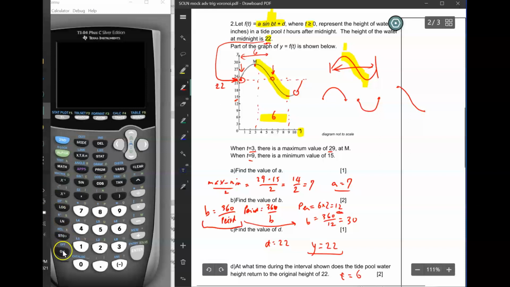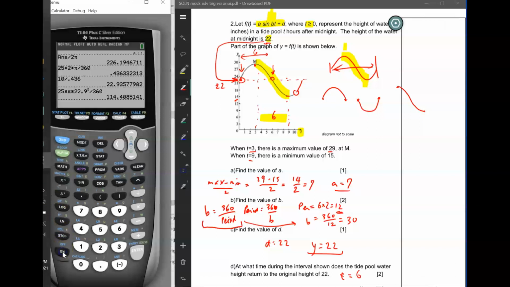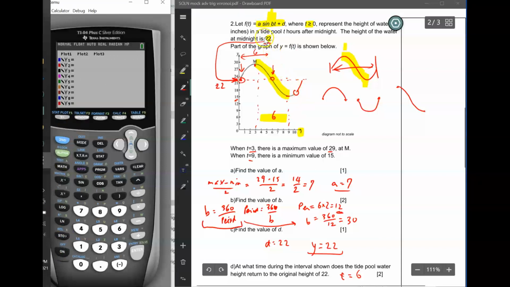How would you do that with the calculator? You could draw the function. I'm going to draw the function using all the values I just computed. So 7 times the sine, and then the B value is 30, times t, plus D. I'm going to type all those in.